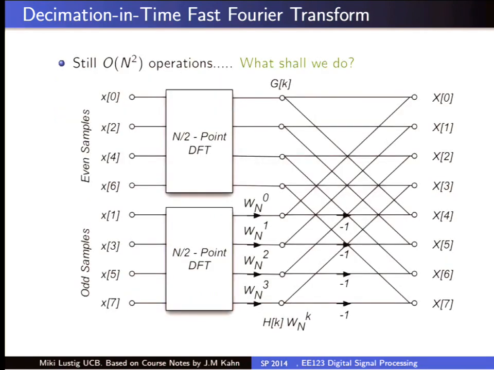Now if we actually count the number of operations, unfortunately it's still O of n squared. We didn't really solve the problem of complexity. We just broke it into 2 for the first time. But you took 61A, right?